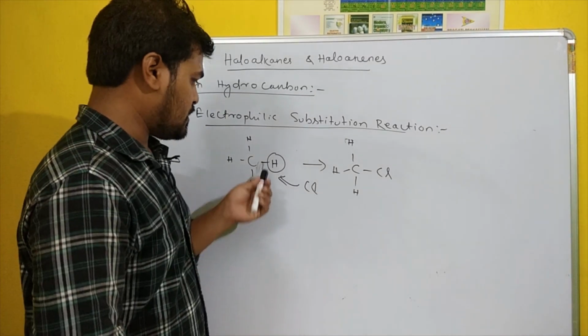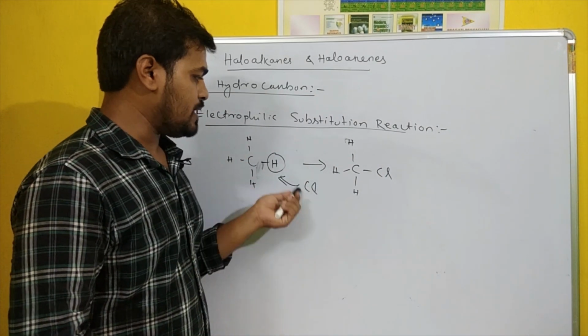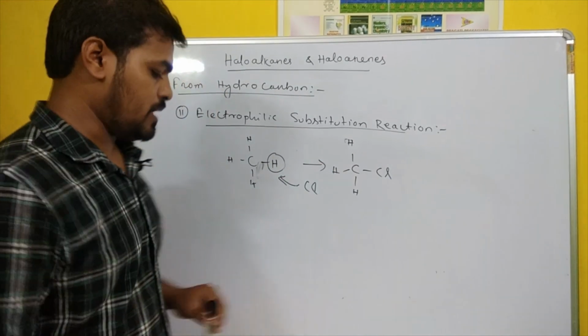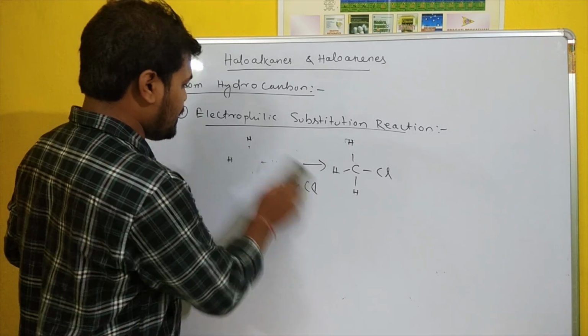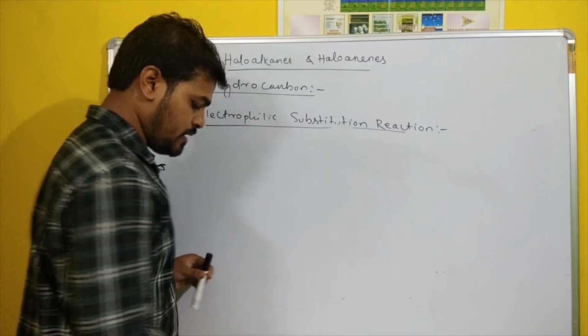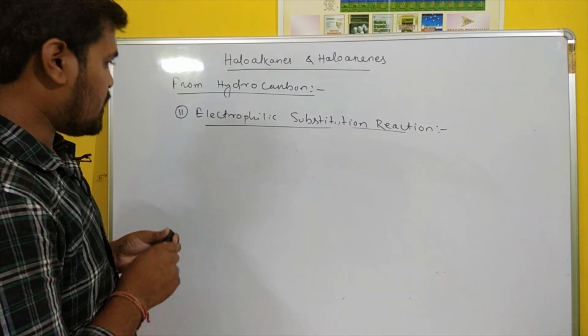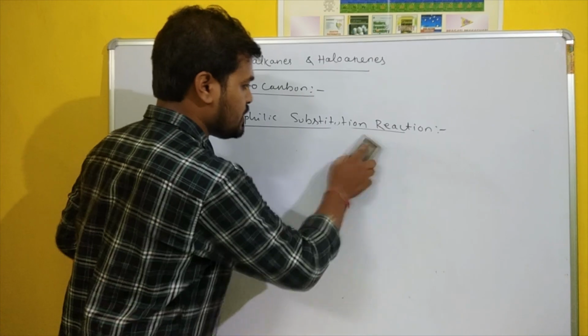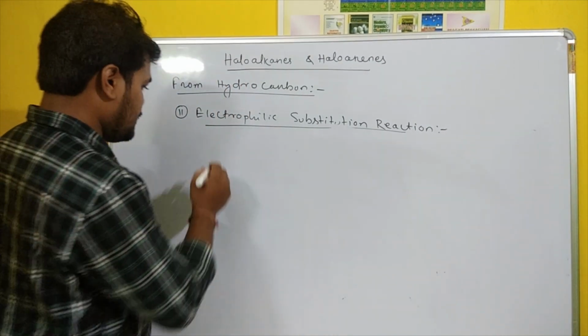So here one hydrogen is substituted with chlorine, that is a substitution reaction. In the same way, if an electrophile substitutes one of the atoms in the reagent, that is an electrophilic substitution reaction.